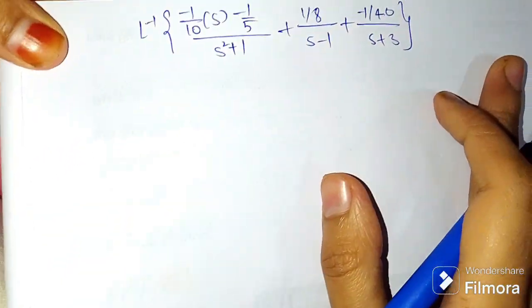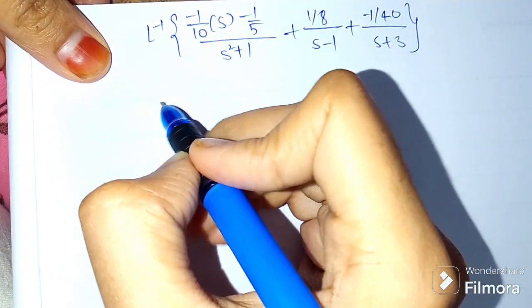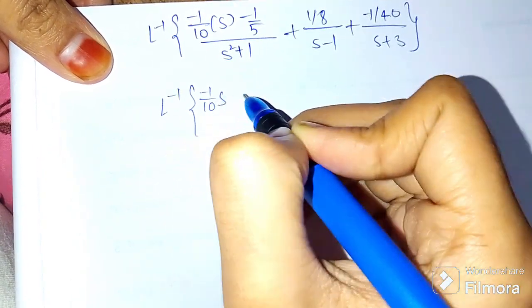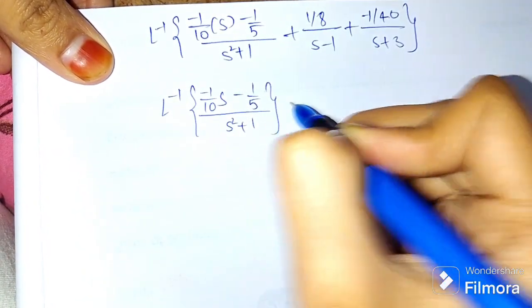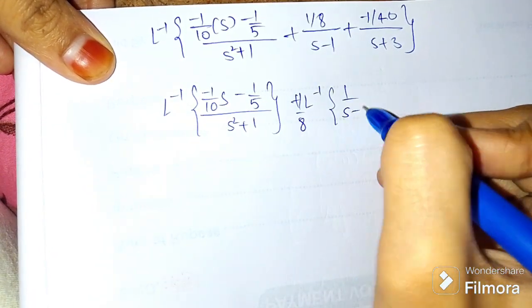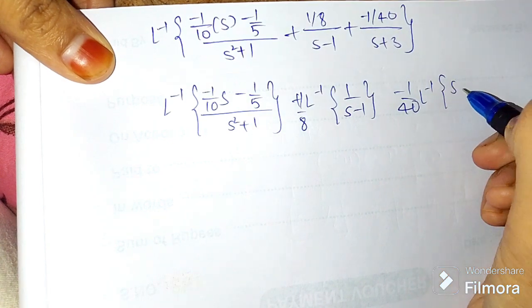So now using linearity property, I can write it as Laplace inverse of (minus 1 by 10 s minus 1 by 5) by (s square plus 1), plus 1 by 8 Laplace inverse of 1 by s minus 1, minus 1 by 40 Laplace inverse of 1 by s plus 3.